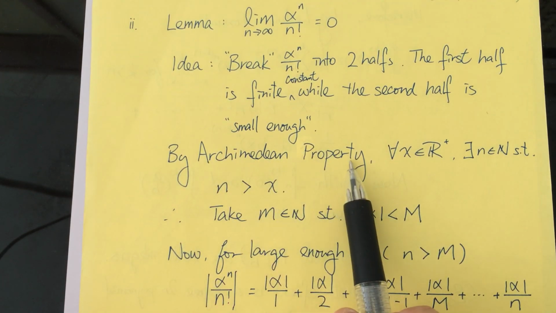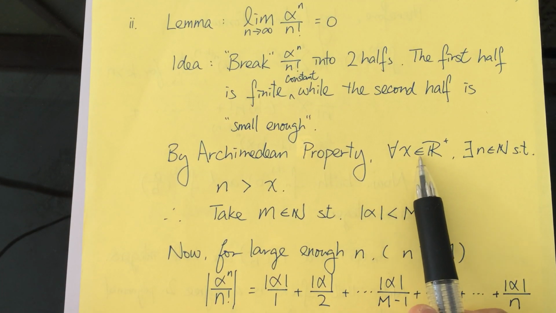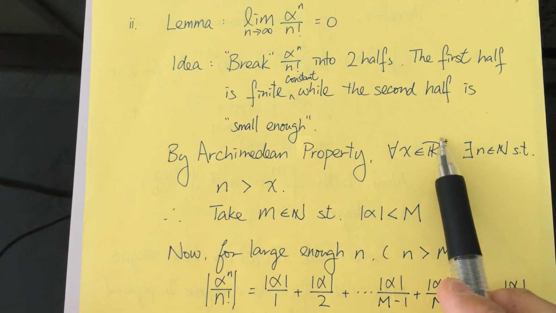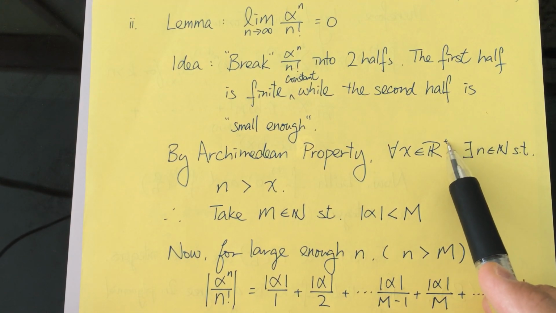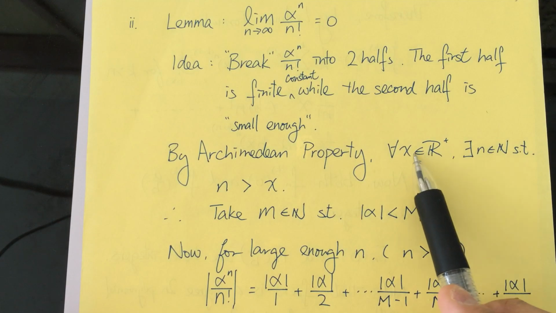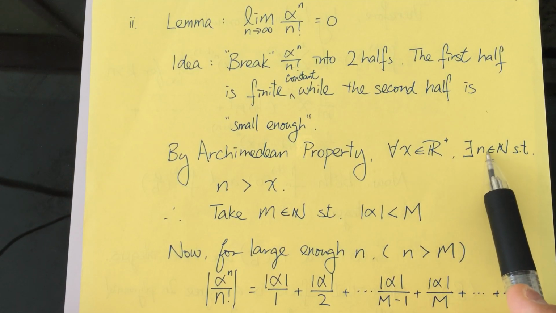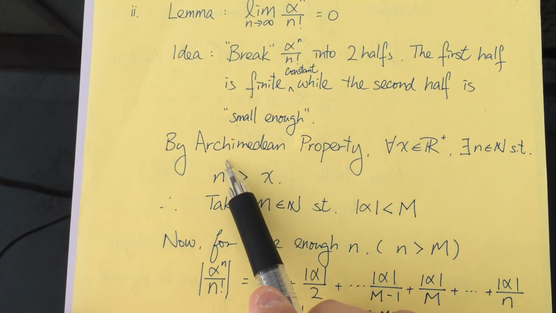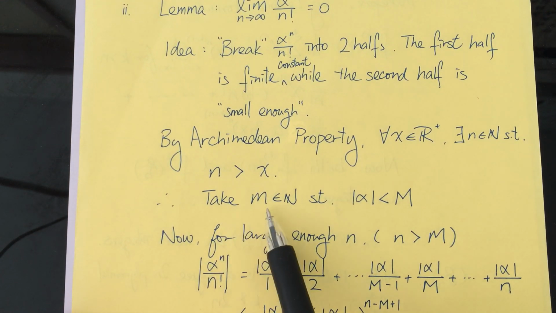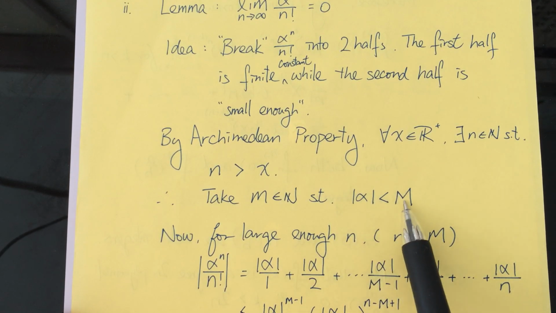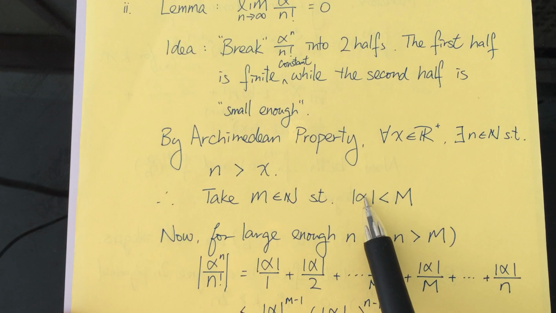By the Archimedean property, for all x belonging to the positive real numbers, there exists a natural number n such that n is greater than x. Actually, x does not need to be positive, but for simplicity, we just check positive. By the Archimedean property, we can take an m belonging to the natural numbers such that m is greater than absolute alpha.